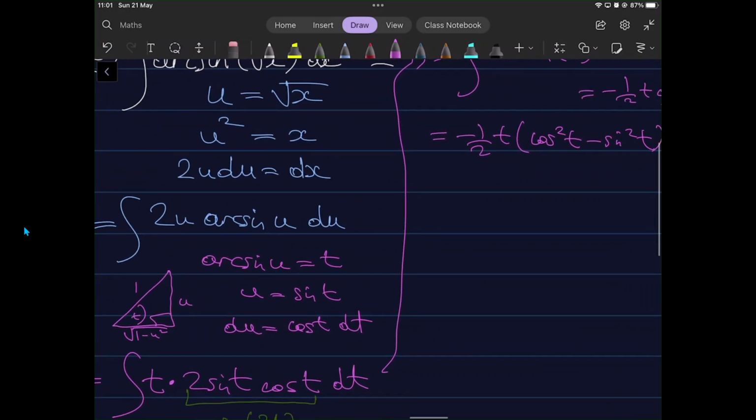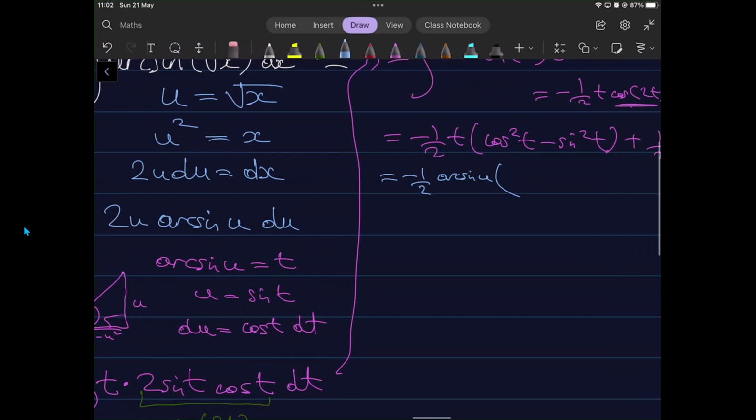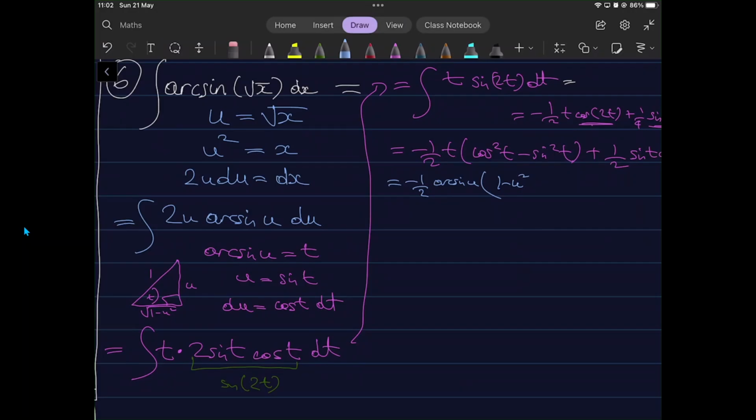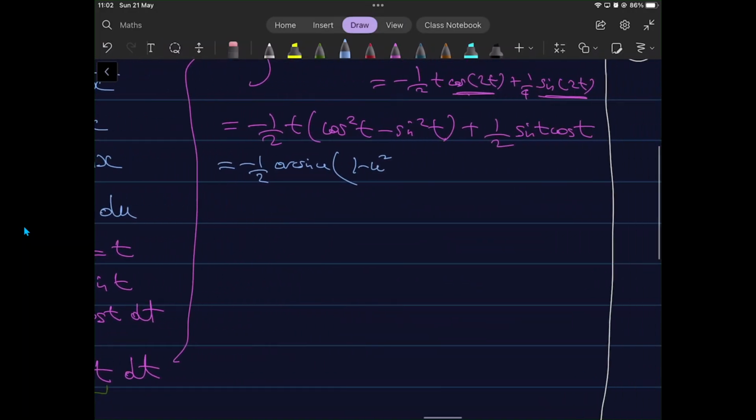So this integral in terms of u will equal negative 1 over 2 t, which is arcsine of u, multiplied by cosine squared, which is root 1 minus u squared, all squared, where the roots cancel out. So we have 1 minus u squared. And then minus sine squared of t. Sine squared is just u squared, right? Of t, of course.